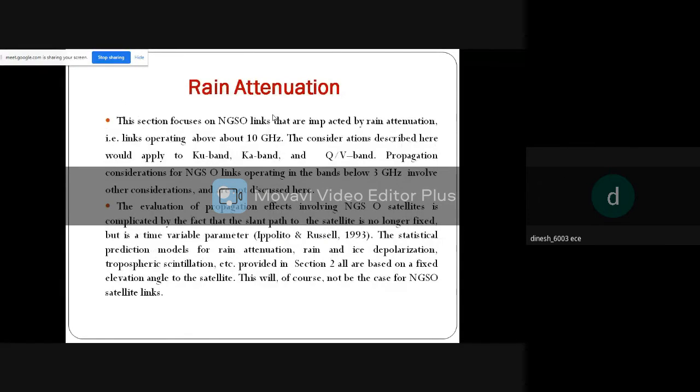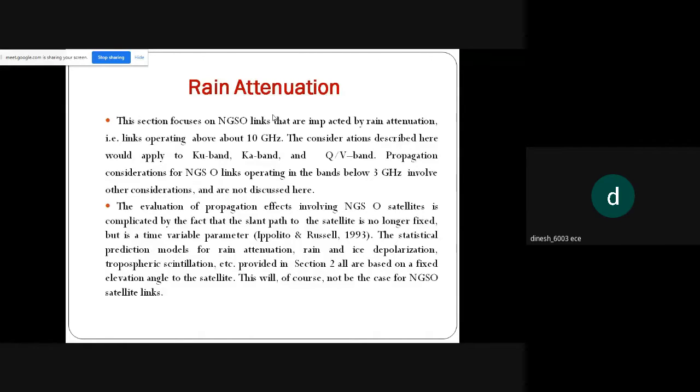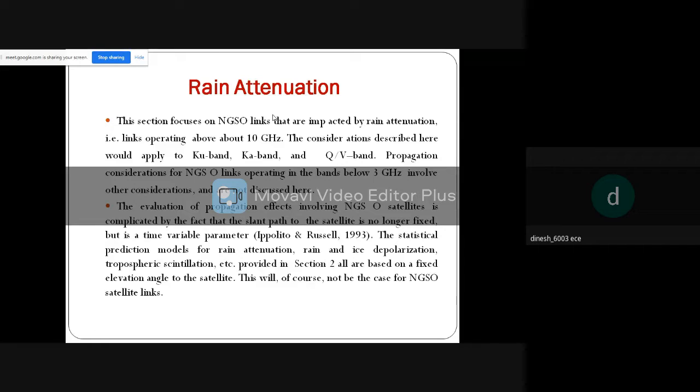Let us see the rain attenuation. This rain attenuation comes into play only when the operating frequency is above about 10 gigahertz.